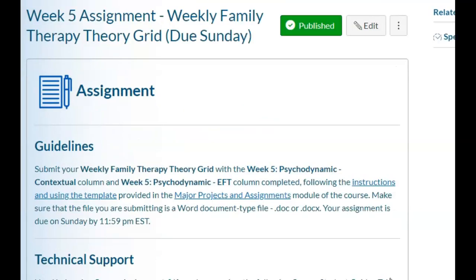Next, you are doing your weekly family therapy theory grid, and you have 2 columns to complete this week. So remember, it's not 1 column, it's 2. You're doing it on psychodynamic contextual theory and then psychodynamic EFT.